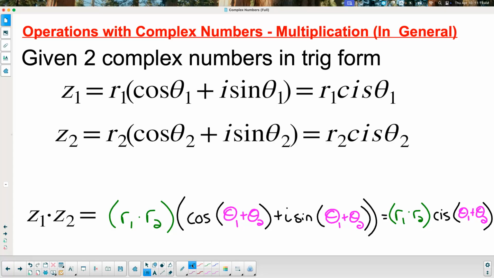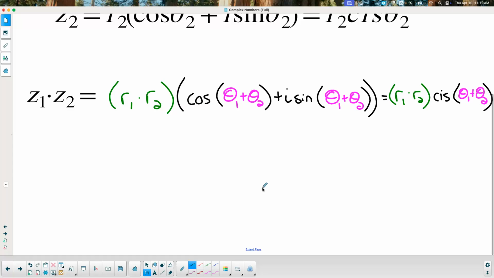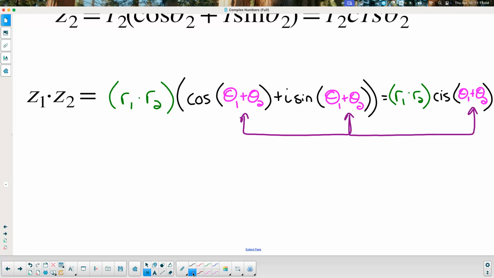Now, the kicker here is that this angle here, here, and here, they're all the same angle, okay? But that angle there must be a first lap angle.